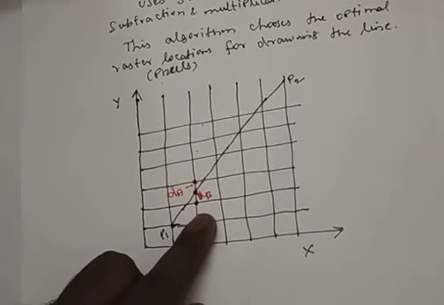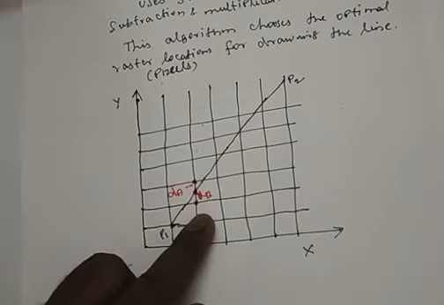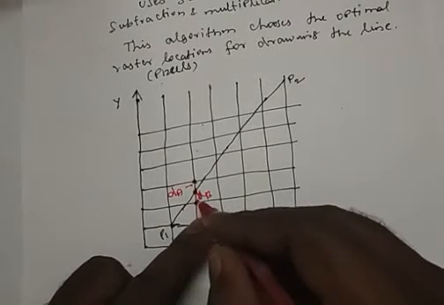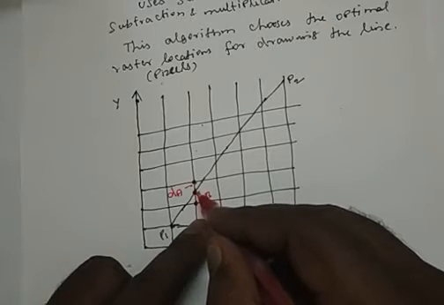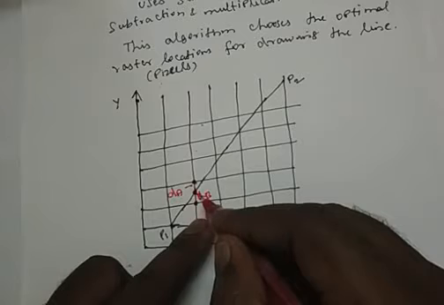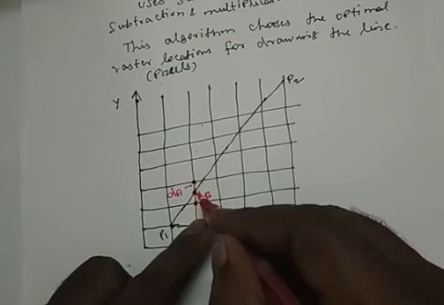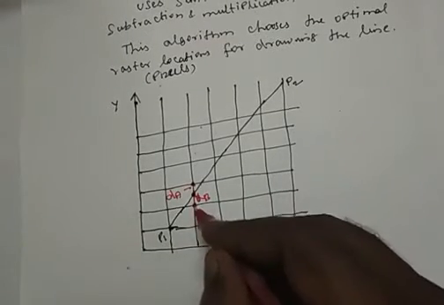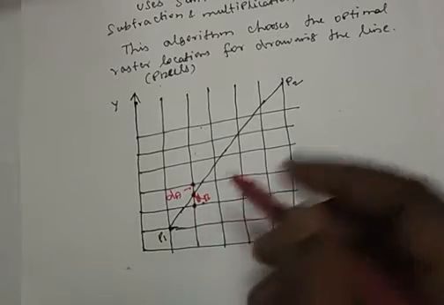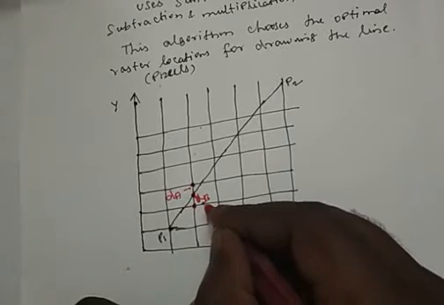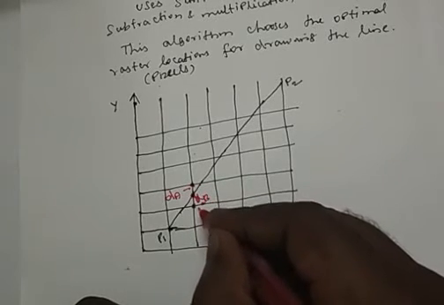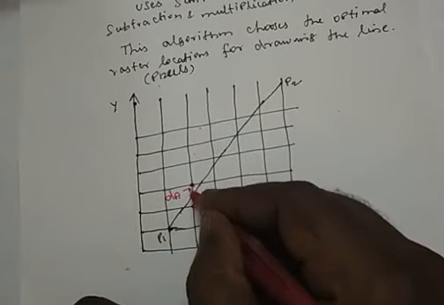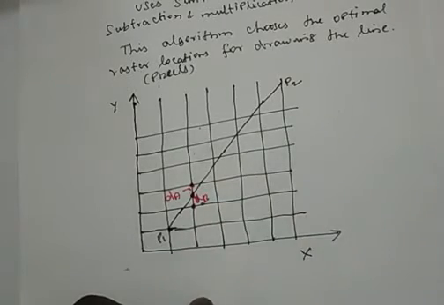Which of these 2 points should I take? Bresenham's algorithm uses a simple technique: the point which has less distance from the true line will be taken into account. For example, if dB value is less, then the point below will be taken into account. Suppose if dA is less, then the point above the true line will be taken into account.